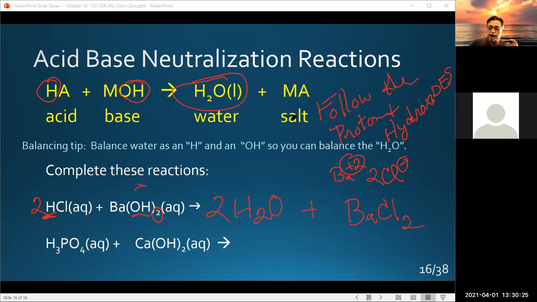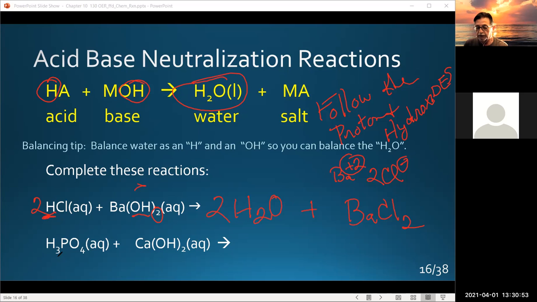All right. So now the second part. Let me make this a different color so we don't get too mixed up. All right. So as I stated, follow the protons and the hydroxides. We have H3PO4. Now you may not remember what that is.